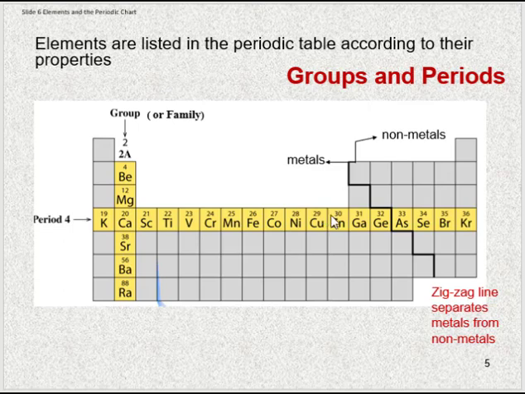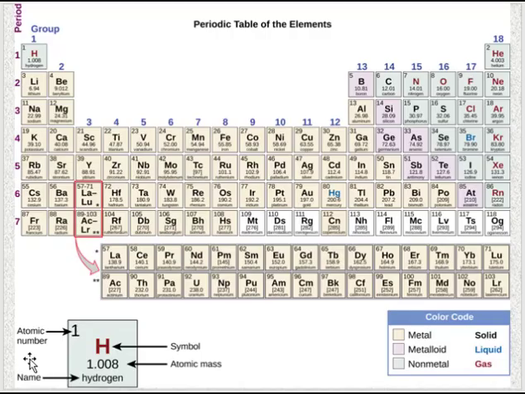These here in the middle don't necessarily follow that rule, but you can pick back up over here with 3, 4, 5, 6, 7, and 8. You will also find this zigzag line on periodic tables. To the left of the line indicates that these elements are metals. To the right of the line indicates that these elements are nonmetals.